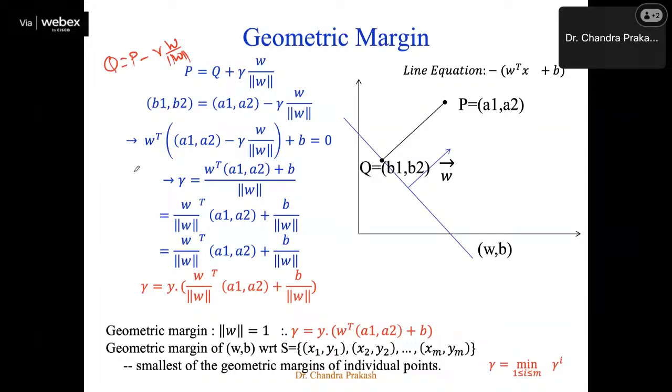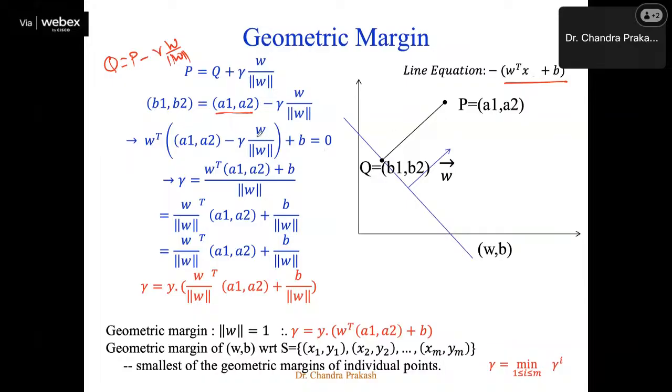I can write my Q point as B1 and B2, and P point as A1 and A2 with respect to this. Considering my line equation is this, W transpose X plus B, because mathematically we can represent the weights in this way. This is the representation of a line when we code, let's say, in Python or another language.